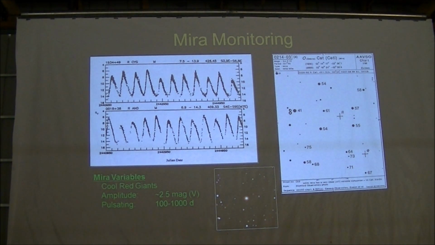And one of the things that people tend to concentrate on when they first start looking at things like variable stars are the Mira variables, which are long period variables, typically periods of like a year or so. And what they are is a big red star that is pulsating, so it changes its physical size. And so it changes its brightness at the same time.